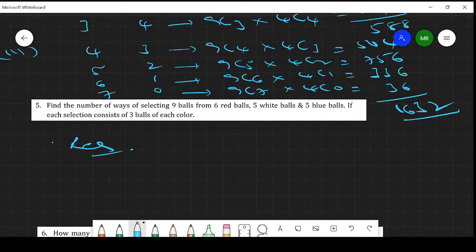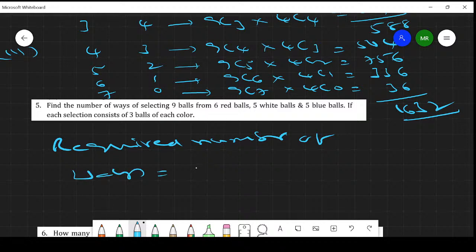I can write the required number of ways. From 9 balls, you should select 9 balls, and 3 from each color. So 6C3 into 5C3 into 5C3.